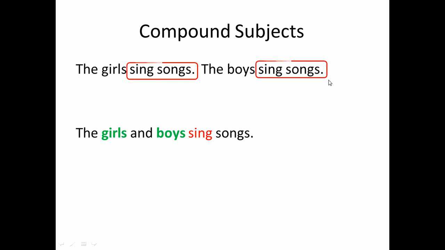Notice in these two sentences, the predicate in both of them is sing songs. It's kind of silly to write these sentences one after another because they share the same predicate. These sentences can be combined. The subject in this sentence is girls, and the subject in this sentence is boys. So we can combine them to say the girls and boys sing songs.